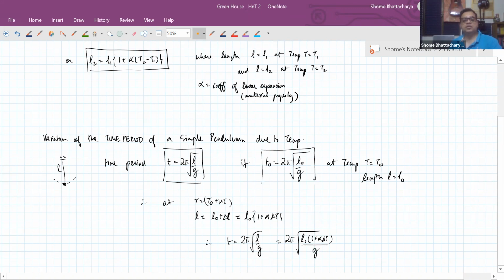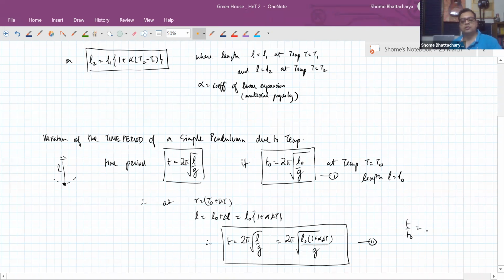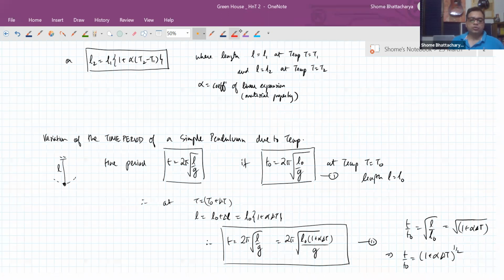So we now compare this equation with this new equation. You can see that T divided by T naught is equal to square root of L divided by L naught, which is square root of 1 plus alpha delta T, or to the power half. Okay. So just make a note of this concept up to this point here, then we'll discuss further.